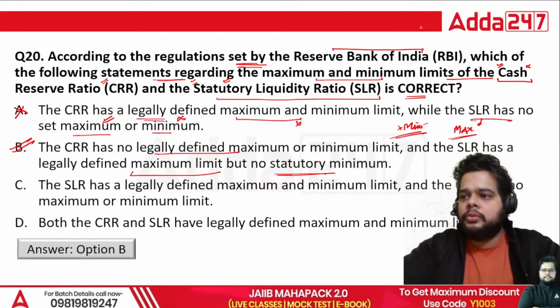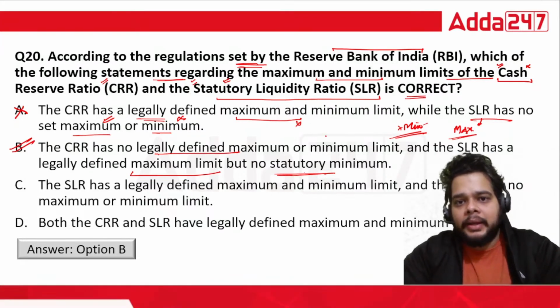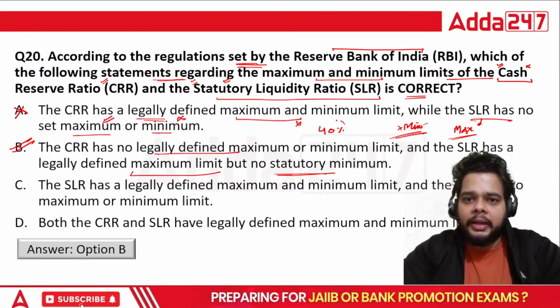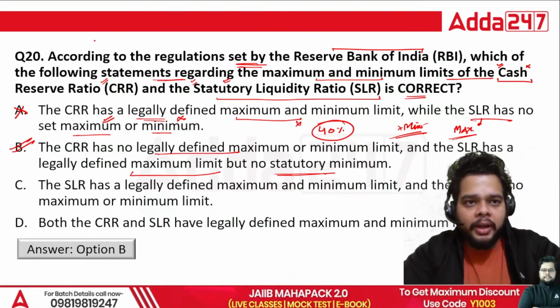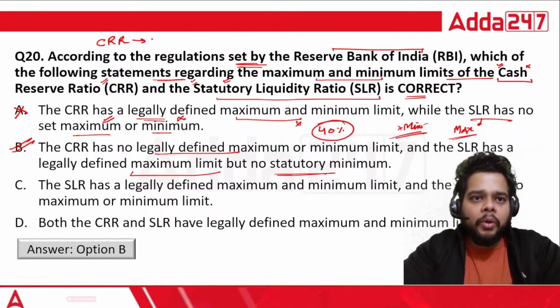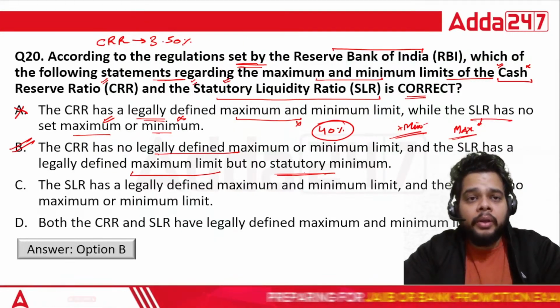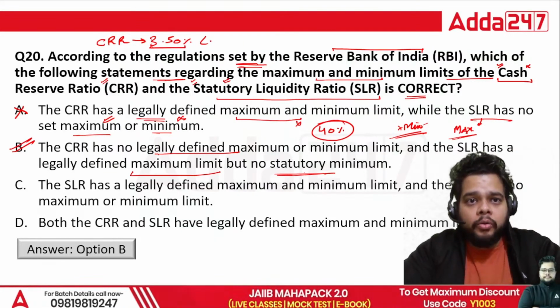So when we talk about SLR, always remember this maximum limit is 40%. And right now, when we talk about the current limits which we have to remember for our exam, for CRR, you have to remember 3.50, which is right now for the month of October.